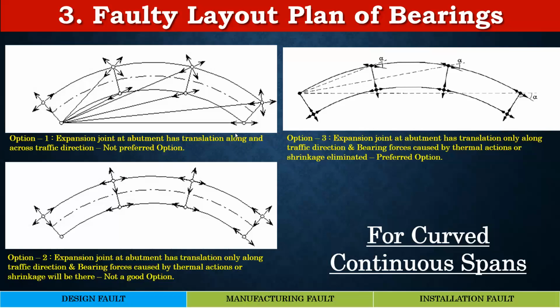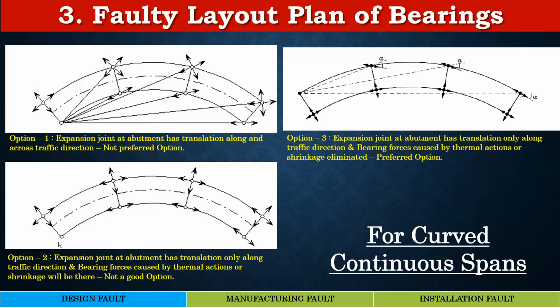And as you may be aware, expansion joints function much better only when they are allowed to move in the longitudinal direction. Their cross direction movement capability is far too less, and therefore for longevity of the expansion joints, it is always better to avoid any cross movement in the expansion joint. From that consideration, option one is not a good option.